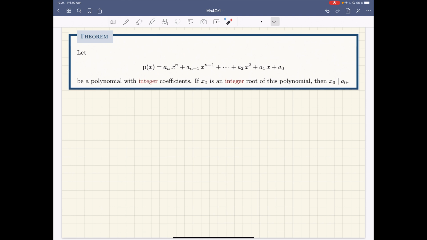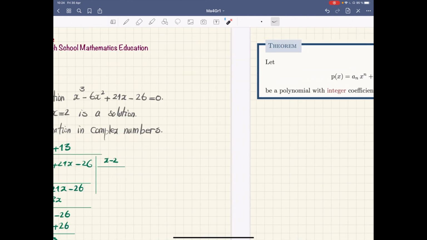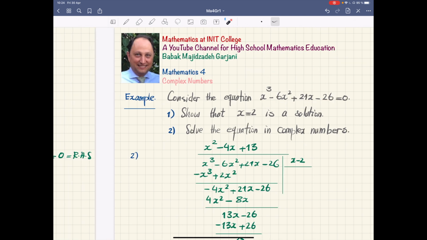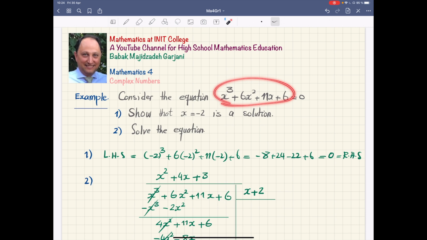You might ask why this is useful. First of all, all the polynomials that I was teaching you about, if you look at these coefficients, all these coefficients are integers.